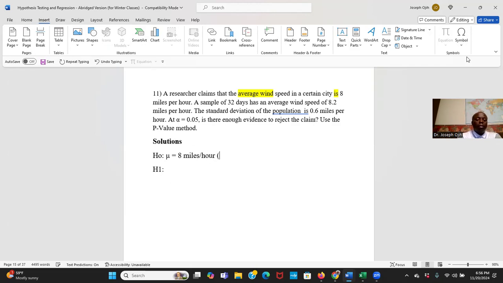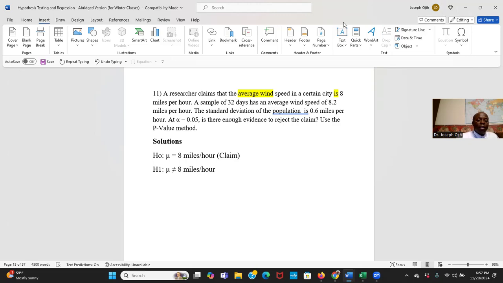That is your claim. That's a claim right there. Now, H1 is the opposite of that. The average speed is not equal to 8 miles per hour.